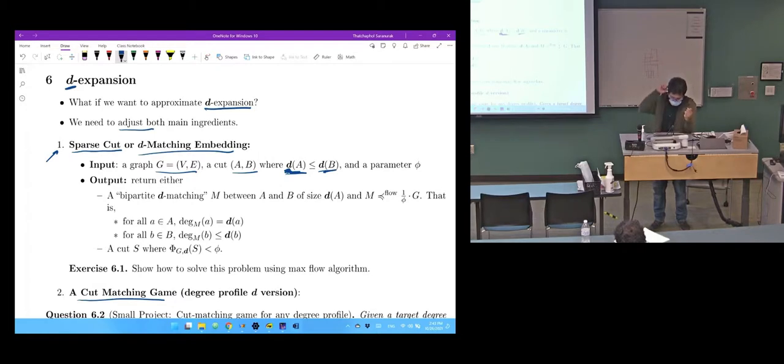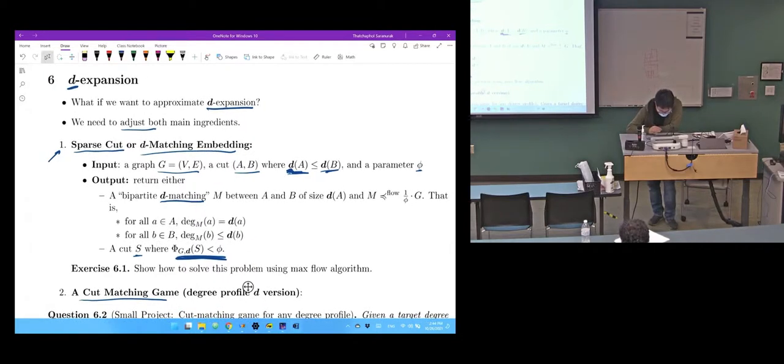You get a parameter phi. What you return is either a sparse cut or something that I call a demeshing.